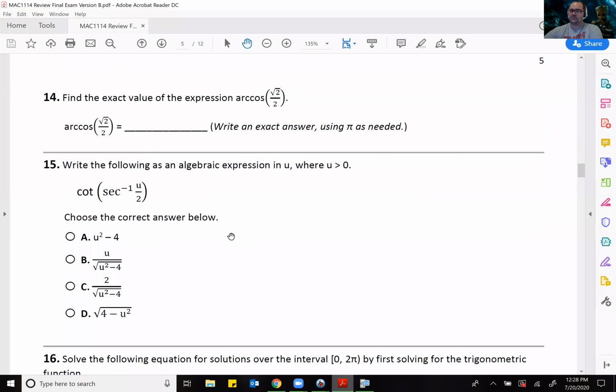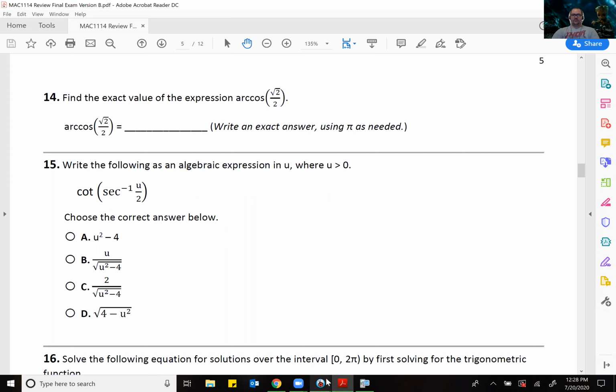So again, we're doing inverse. This time it's arc cosine of square root of 2 over 2. Again, this is 10.4. Okay? So arc cosine. So again, if you think about the domain, it's the same domain.